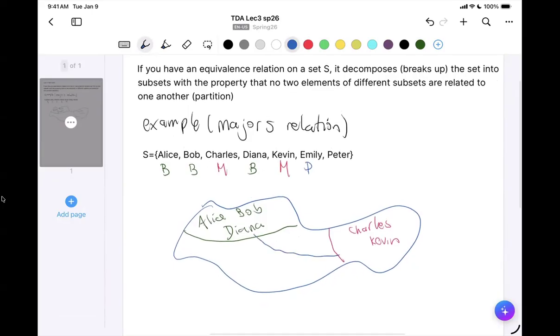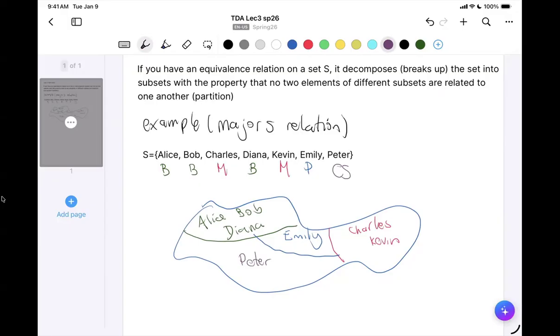So that's her in philosophy. And Peter is in computer science, CS, also by himself. So Emily by herself, Peter by himself, Alice, Bob, and Diana in their biology group, and Charles and Kevin in their math group.